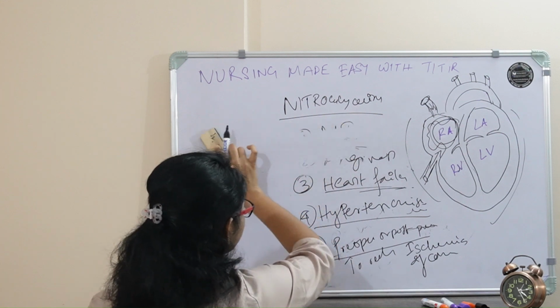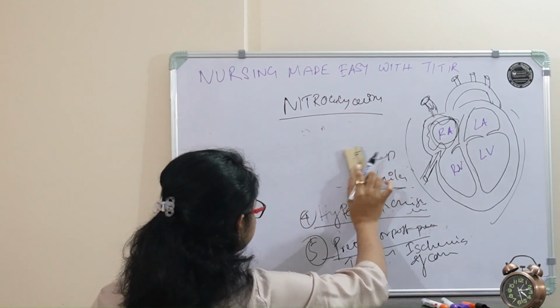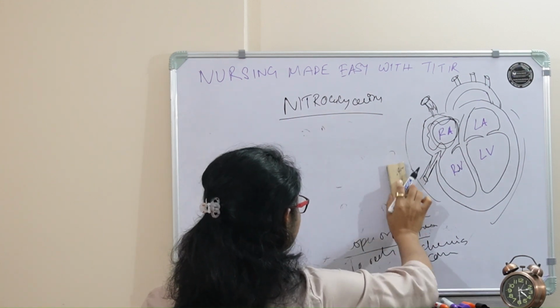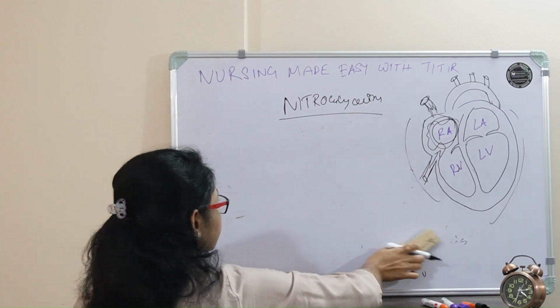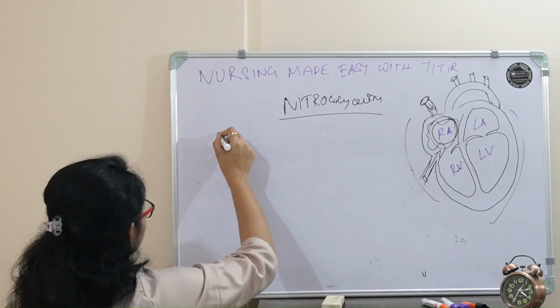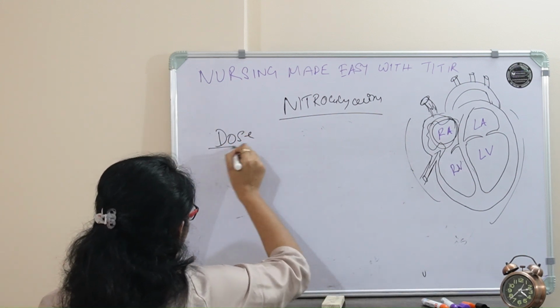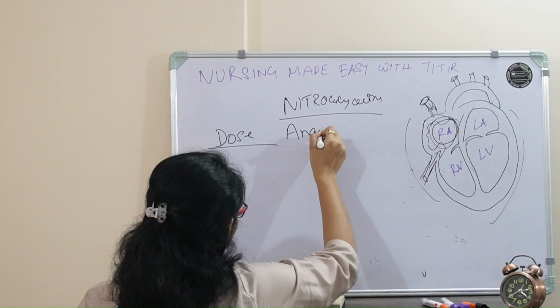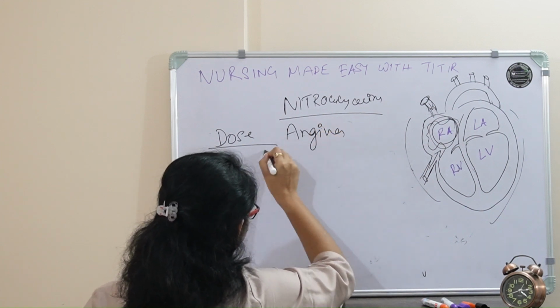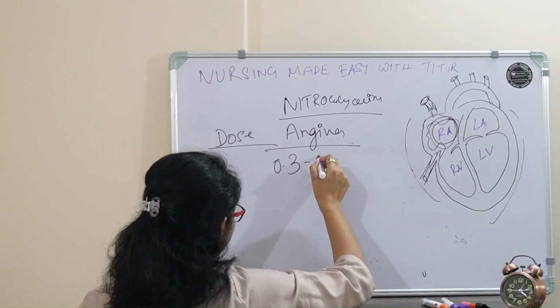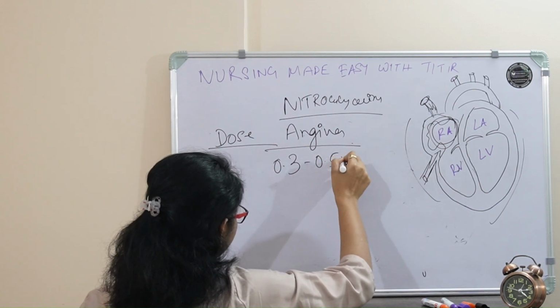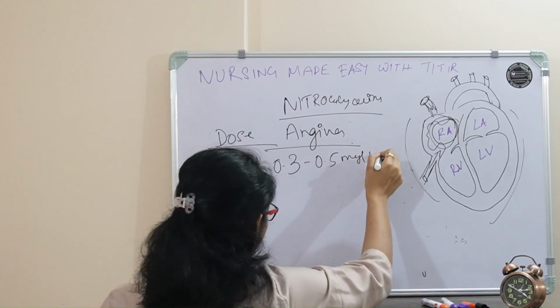Let's discuss the doses. For angina pectoris, we can administer this drug 0.3 to 0.5 mg.